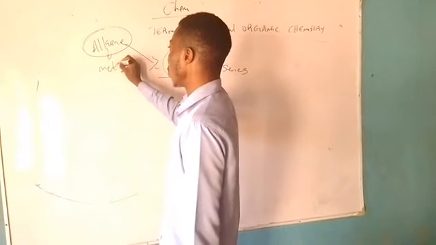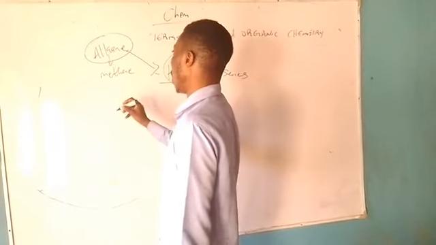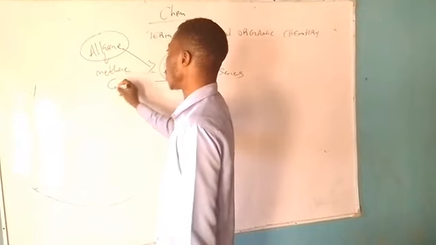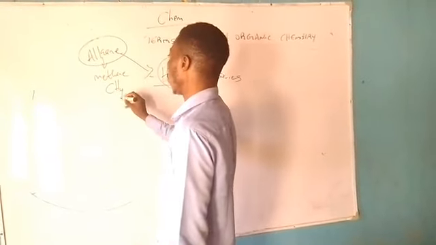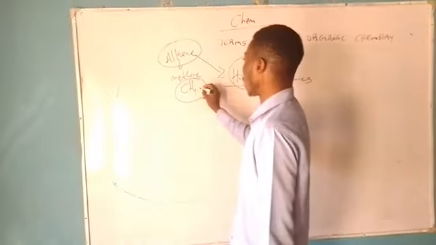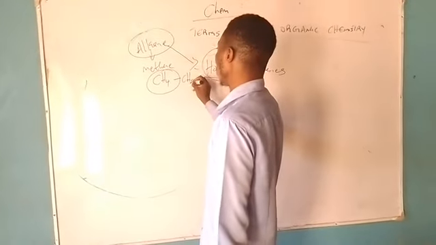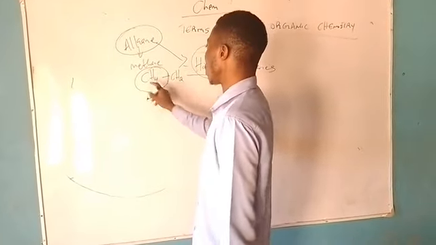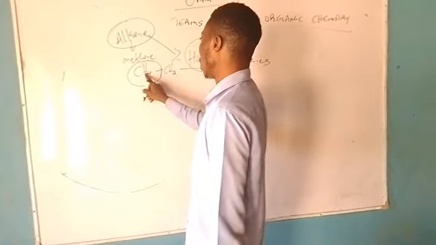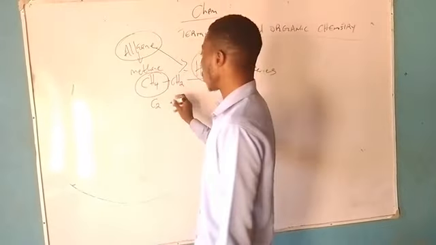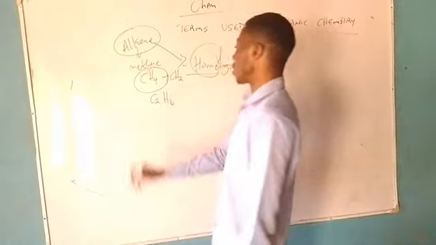Let's say the simplest member of this particular family is methane. We have methane, and the molecular formula for methane is CH4. For you to get the next member, you are going to add CH2. So when you add C plus C, you get C2. H4 plus H2, you are going to get what? H6.